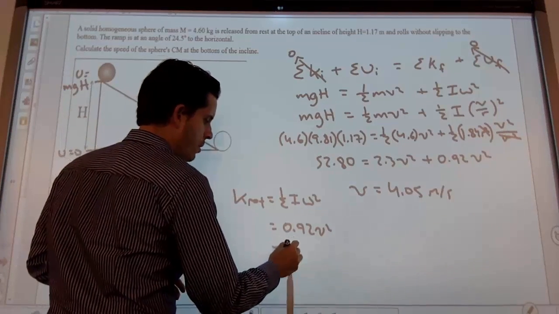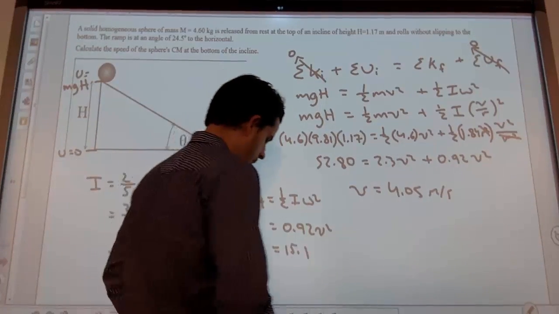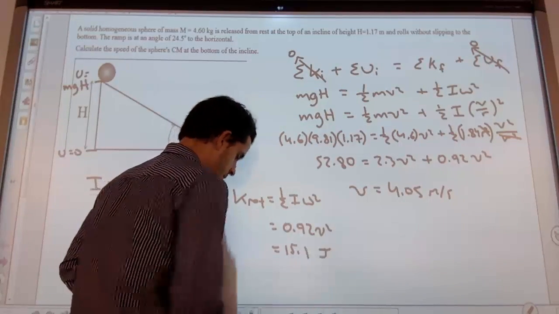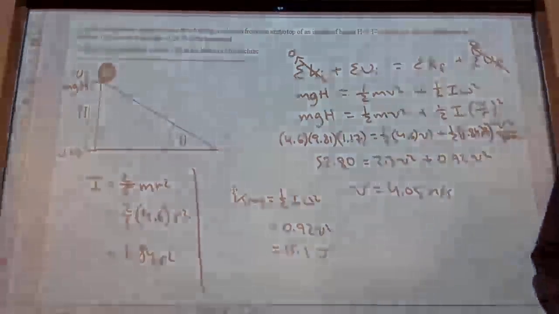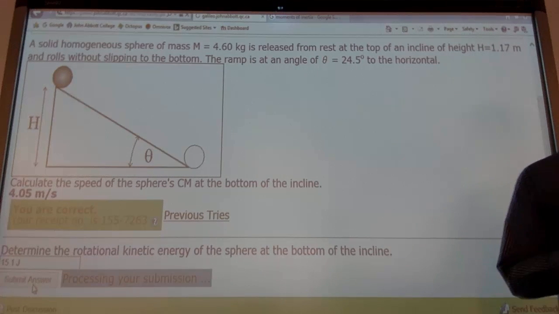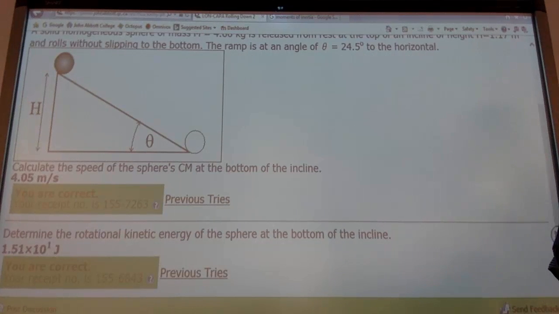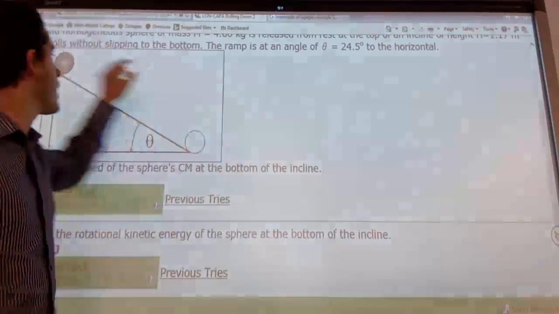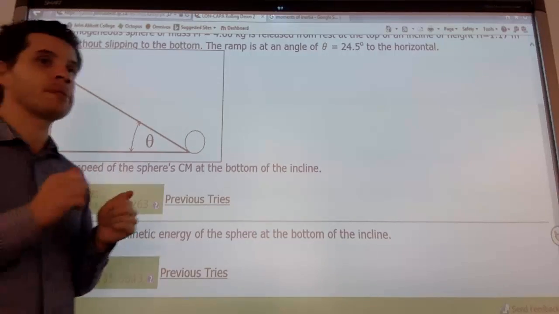Yeah. 15.1. Okay, and that's an energy, right? So we put our units. That's joules. So 15.1 joules is how much rotational kinetic energy it has at the end. That makes sense? Okay, so the key is just not to forget when something's rotating, it has two types of kinetic energy.